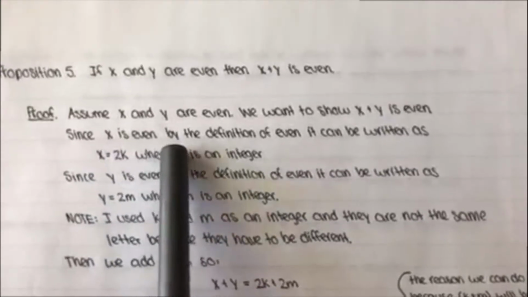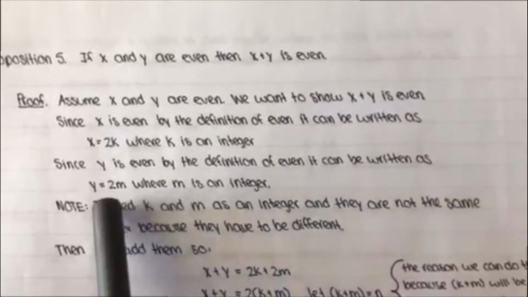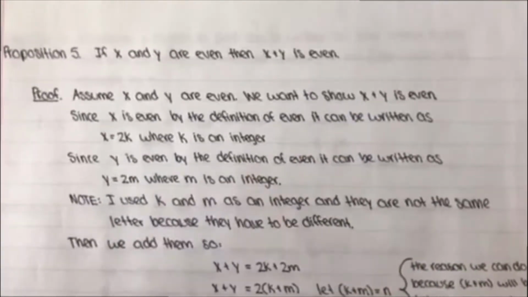Since x is even, by the definition of even, it can be written as x is equal to 2k, for k some integer. I just use the definition. Since y is even, by the definition of even, it can be written as y is equal to 2m, where m is an integer. So I just use the definitions to get this.